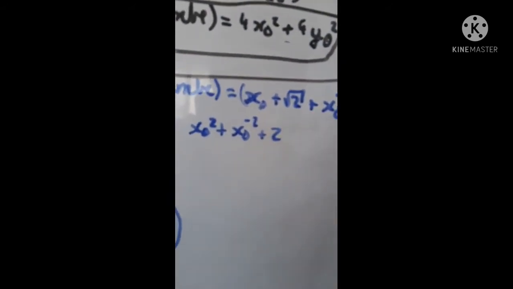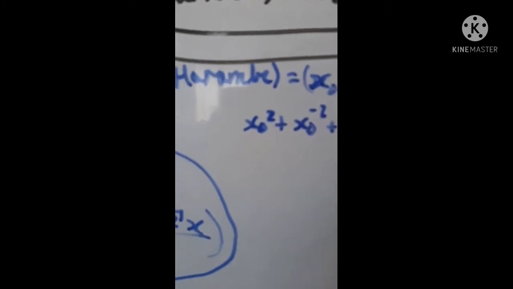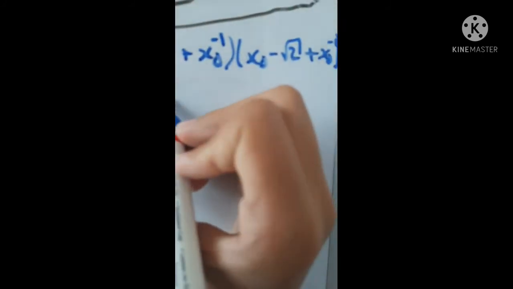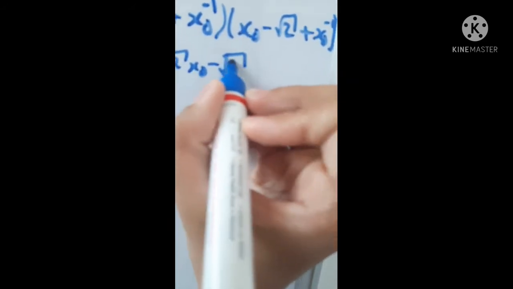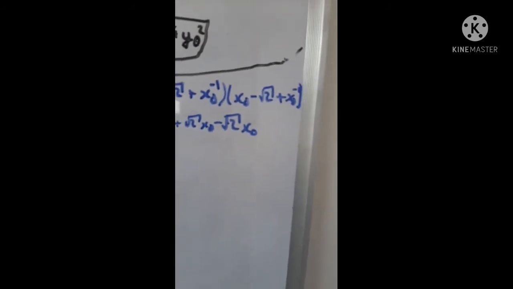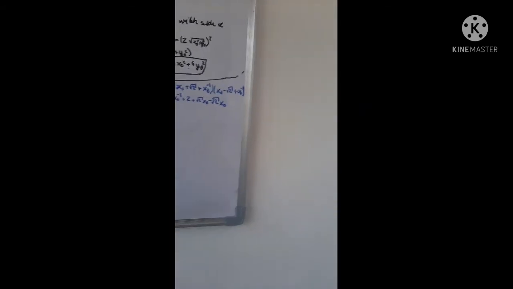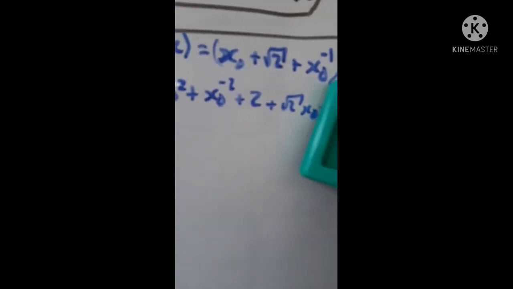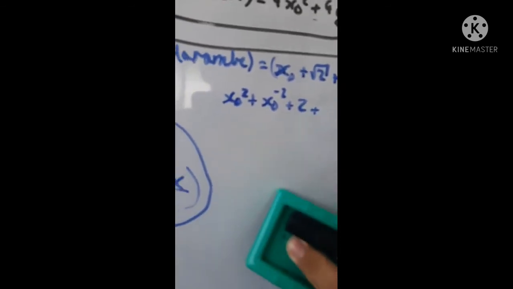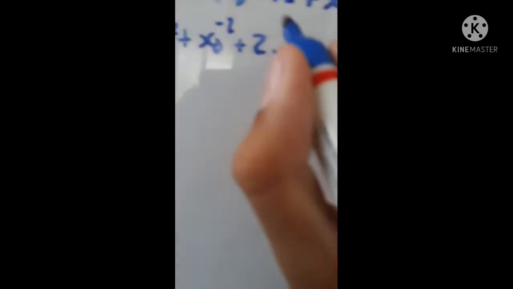Then we have a 2x naught, then minus root 2 x naught, so root 2 x naught minus root 2 x naught, right? And these terms just cancel. Actually I'm going to write them out.